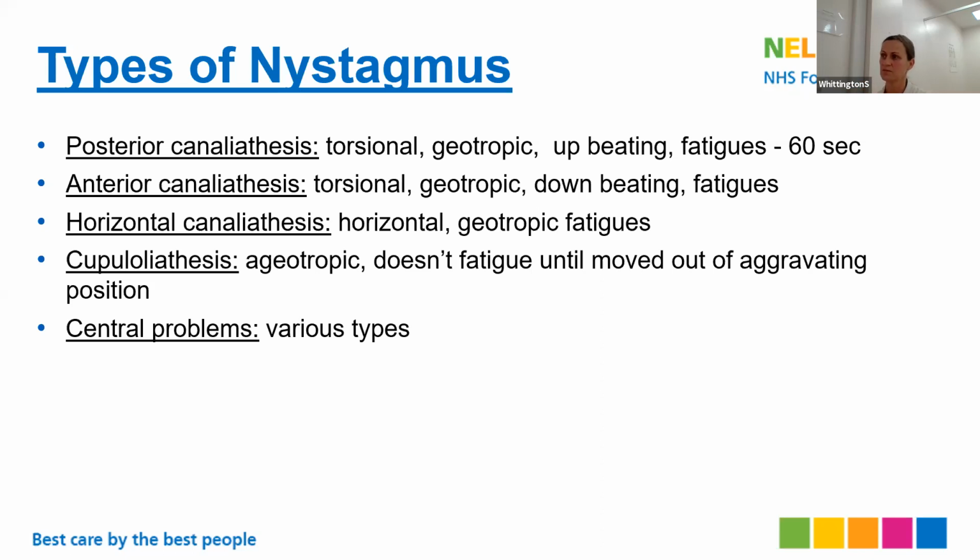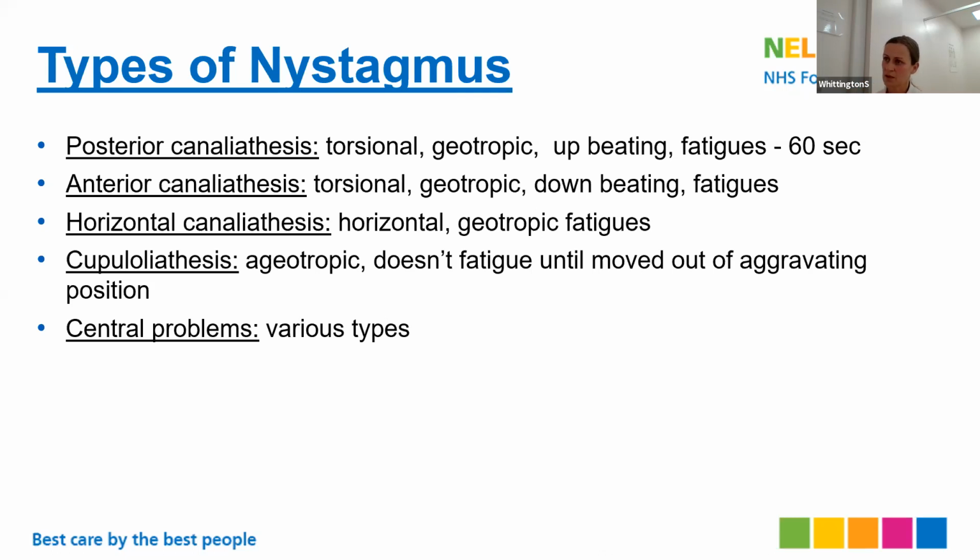With the posterior canal, you also have an upbeating component, so you can see a bit of a beating against the upper eyelid. And it fatigues, I would say, within 60 seconds, if not quicker.